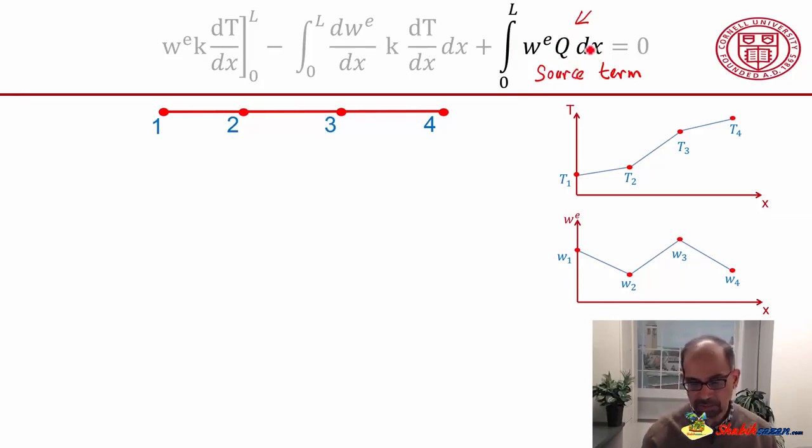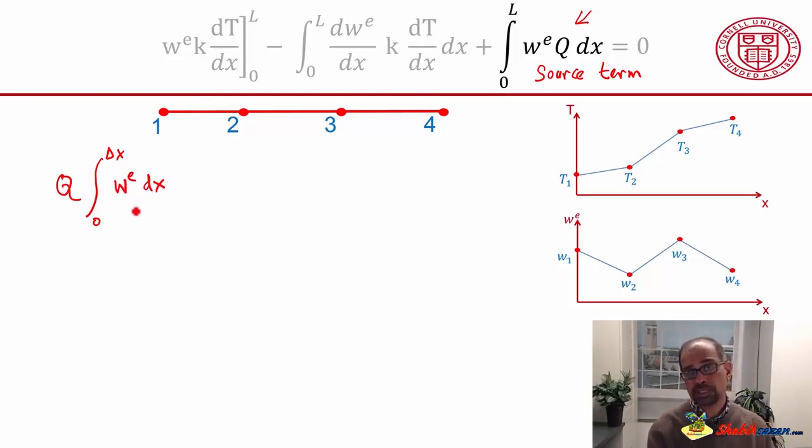And if we integrate this term, we have to do the integration again element by element. Let's do it over the first element. I can take q out of the integral, and I'll say 0 to delta x, where delta x is that distance, times the weighting function times dx.